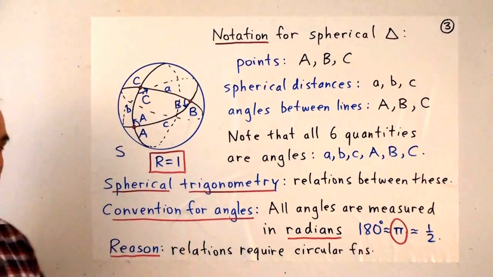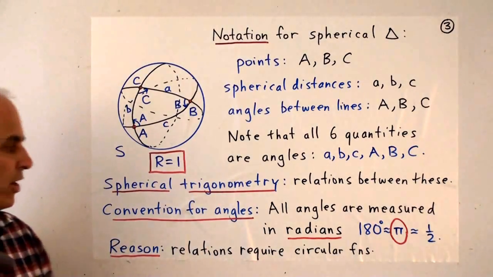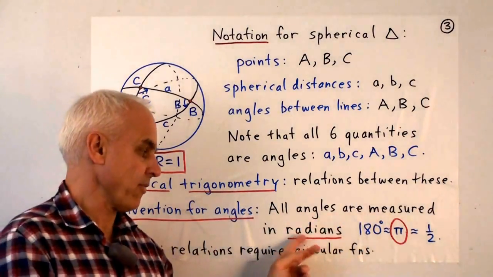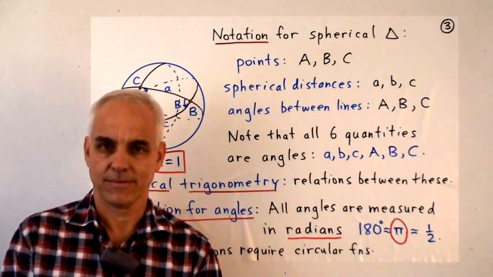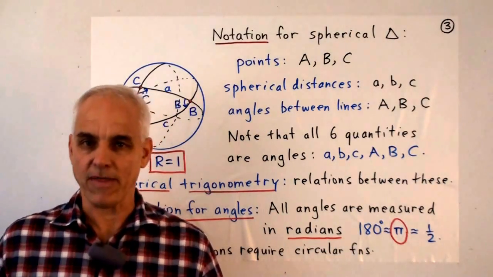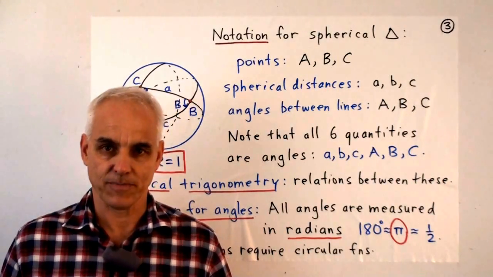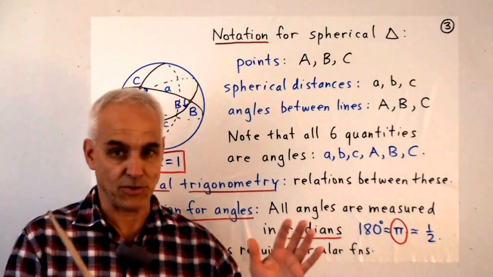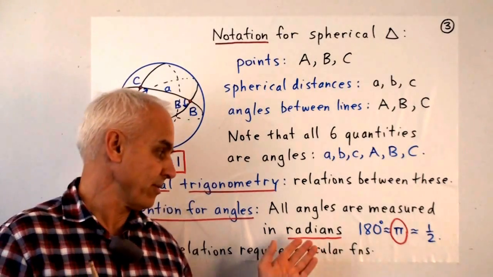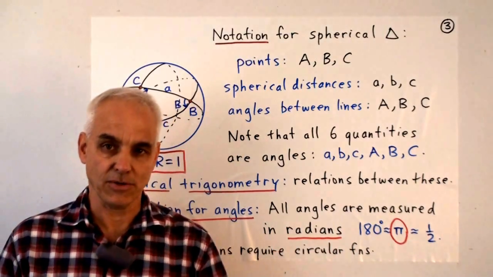And the very important convention for angles: we are going to be using angles measured in radians. You might be a bit disappointed by that. You might think, why don't we use those turn angles you introduced in our last lecture? Well, first of all, this is classical spherical trigonometry, so it's classical that radians are used.